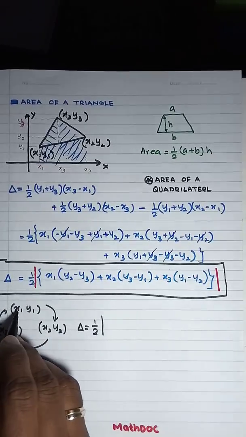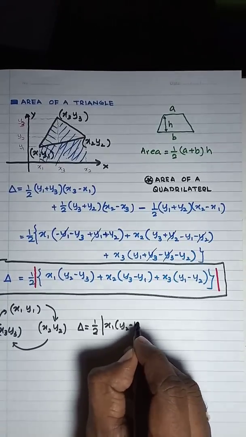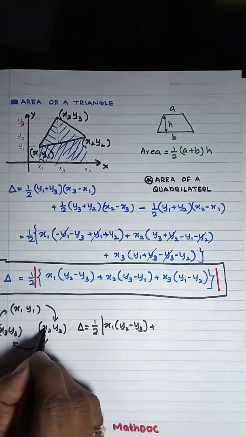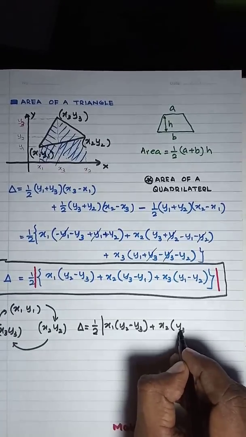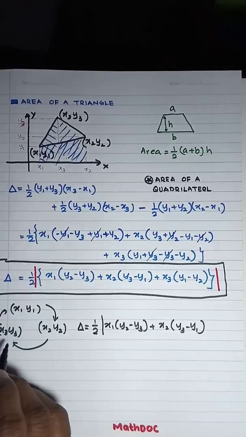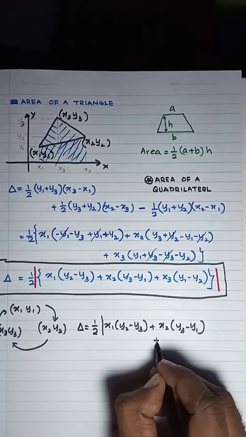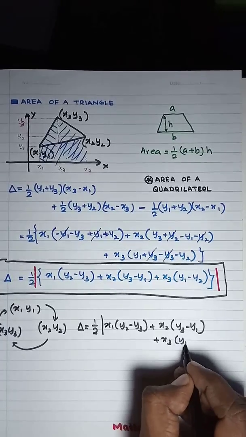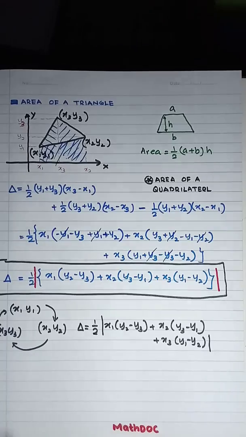Go this way: x1 times (y2 minus y3) plus x2 times (y3 minus y1) plus x3 times (y1 minus y2). Put the modulus. That is the area of the triangle.